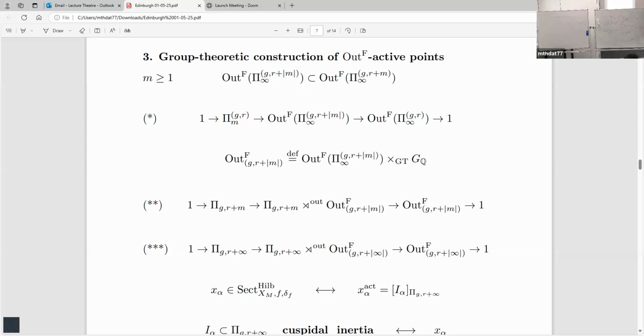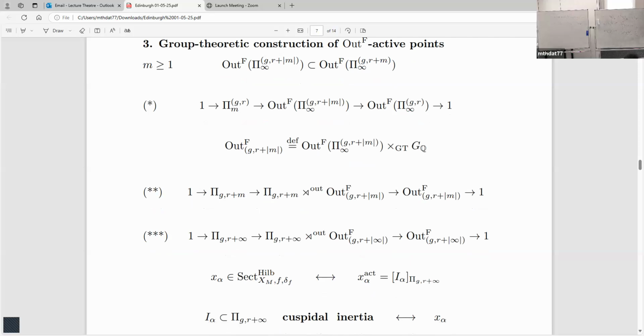So anyway, we want to construct these active points as inertia subgroups or conjugacy classes of inertia subgroups. So we want to pass from pi_{g,r} to pi_{g,r+m} and so on. So remember, we are working with Out F pi_{g,r}, or the outer semidirect product with Q. So we want ultimately to pass to Out F pi_{g,r+m}. But a priori, there is no map from this to this, right?